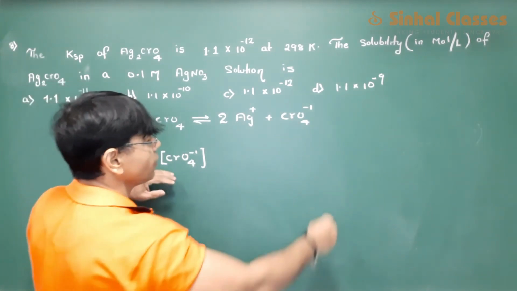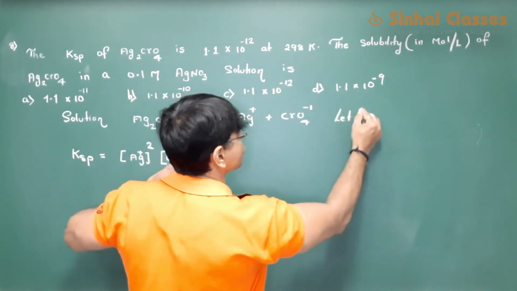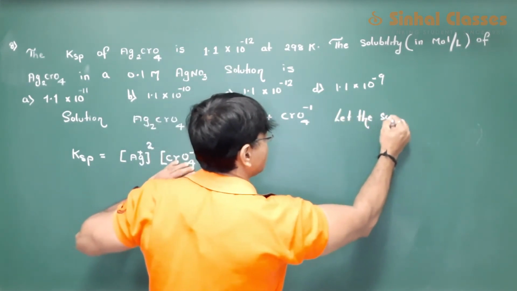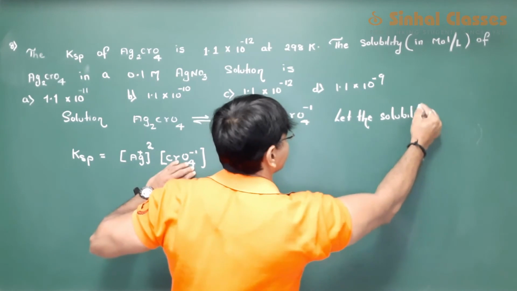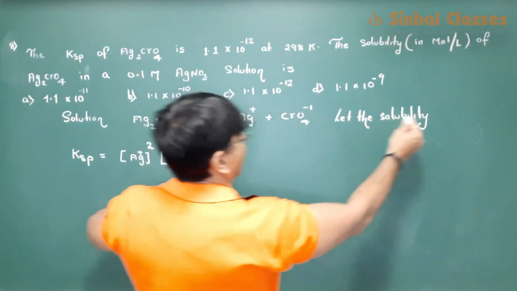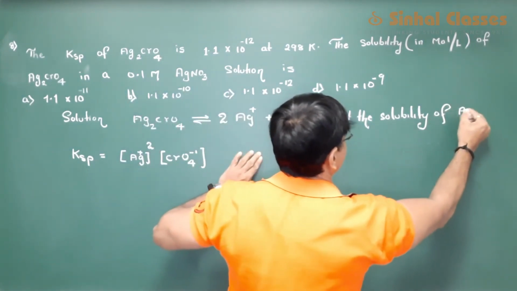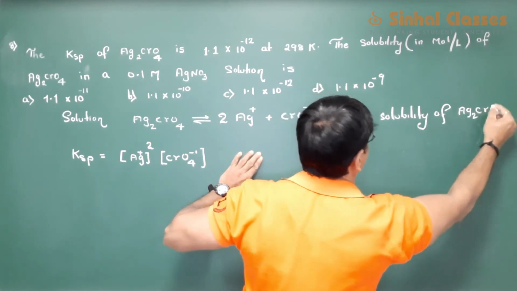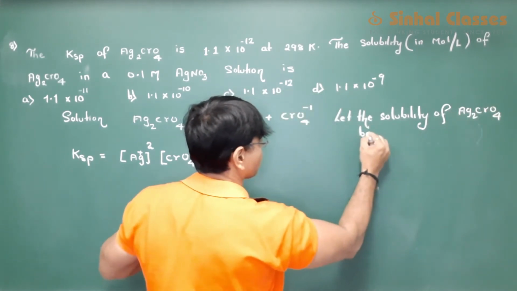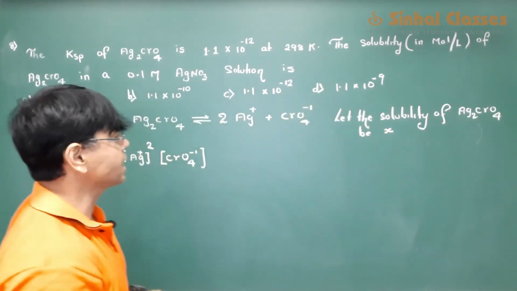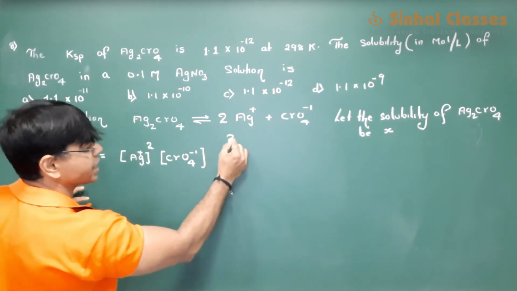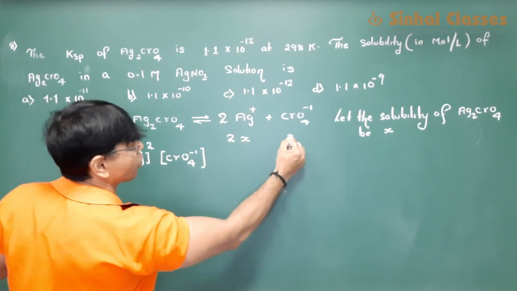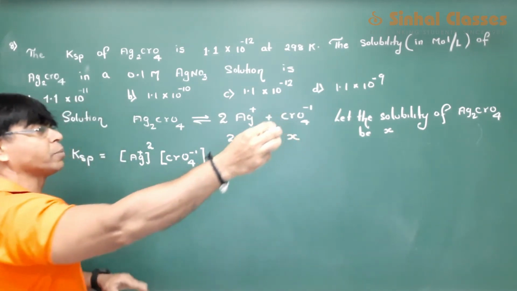Now let the solubility of Ag2CrO4 be x. Therefore in this case the silver ion will be 2x and the solubility of CrO4 minus will be x.